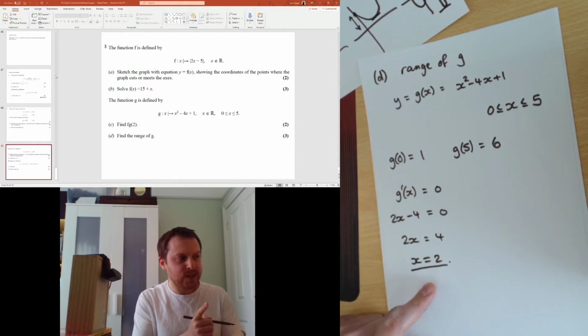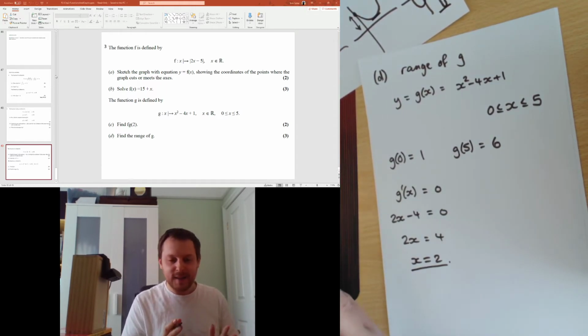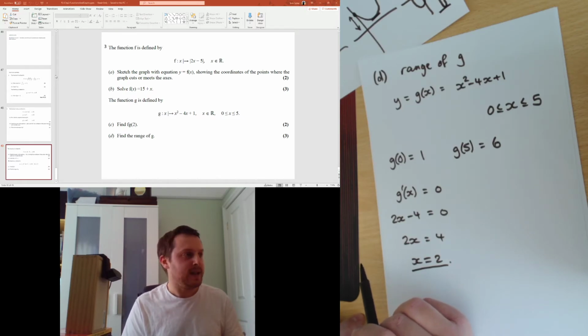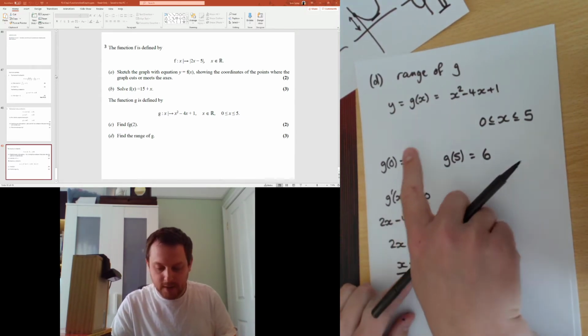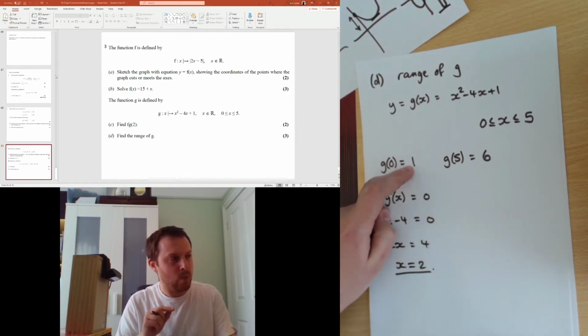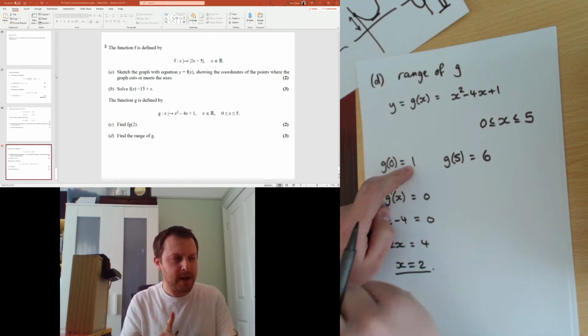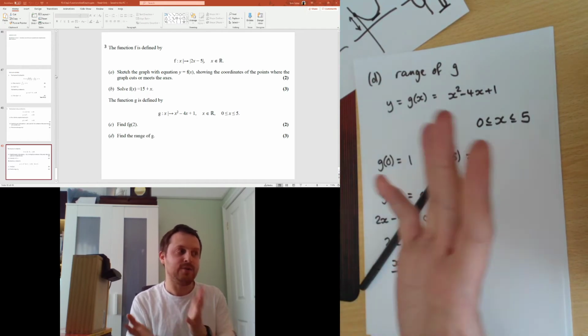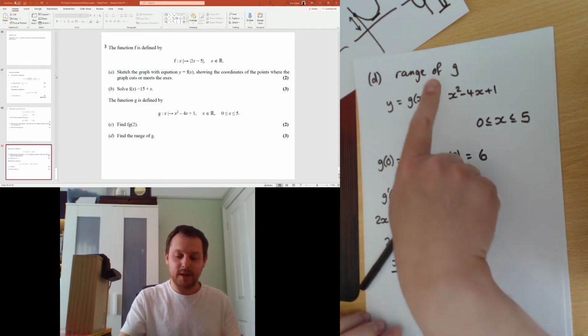Now that means it's going to be less than 1, because it's got to be a minimum. Why has it got to be a minimum? Because it's a happy quadratic. It's a happy parabola because it's positive.